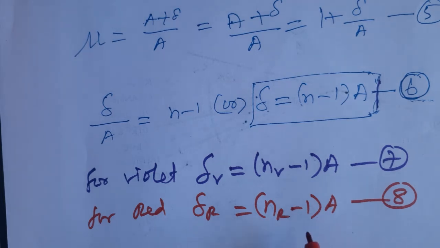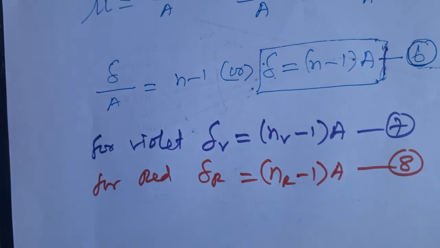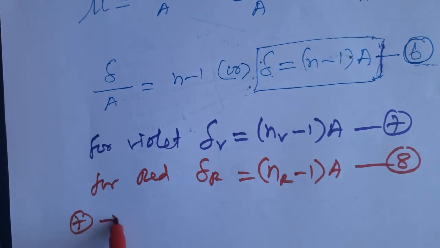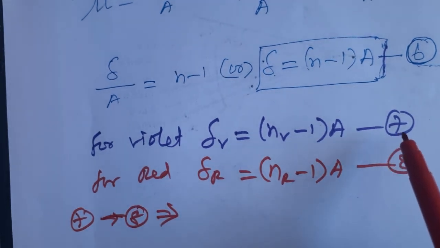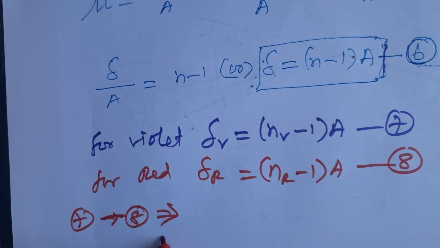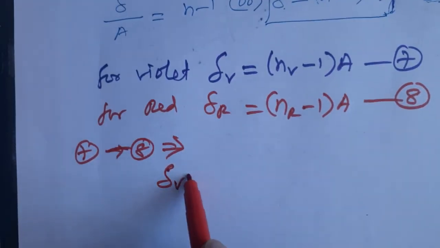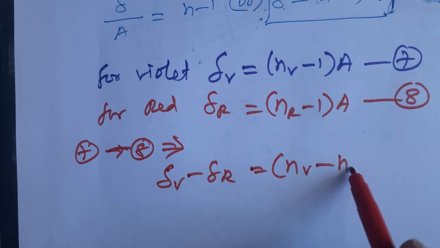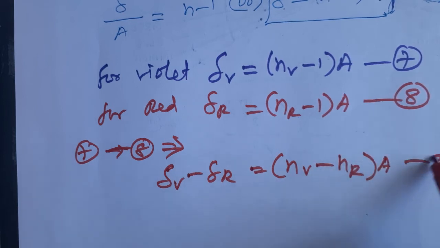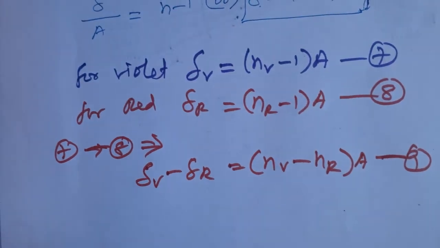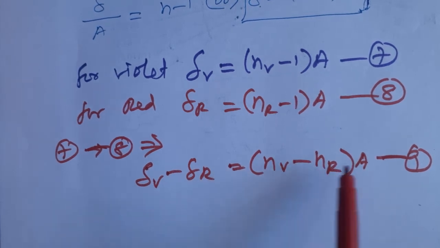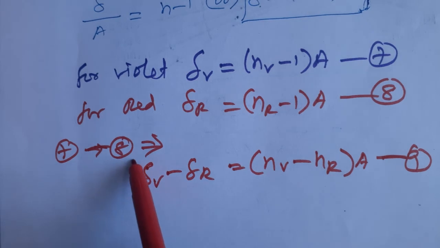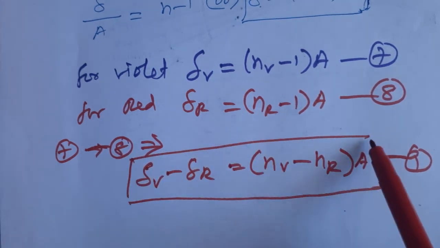Take it as equation number 8. Now subtract 8 from 7, which gives delta V minus delta R equal to (n V minus n R) into A. Equation number 9: delta V minus delta R equals the refractive index of violet minus the refractive index of red, into A, the angle of the prism. This is one important equation.